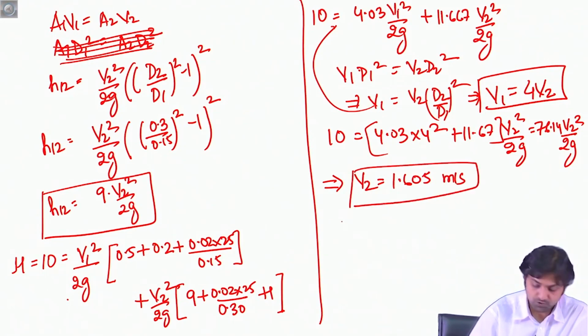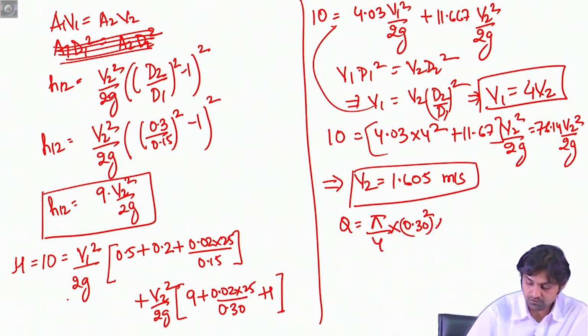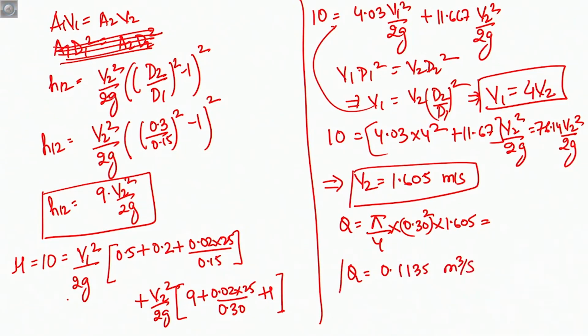And if we know V2, we can simply find Q as pi by 4 into 0.30 whole square into 1.605, that will give us 0.1135 meter cube per second.